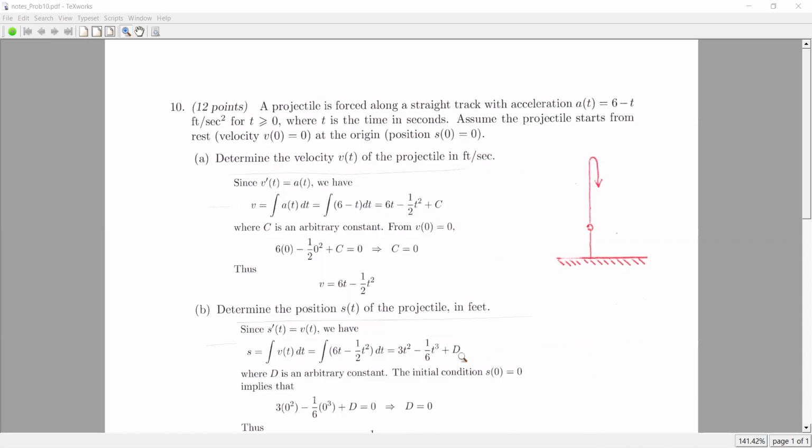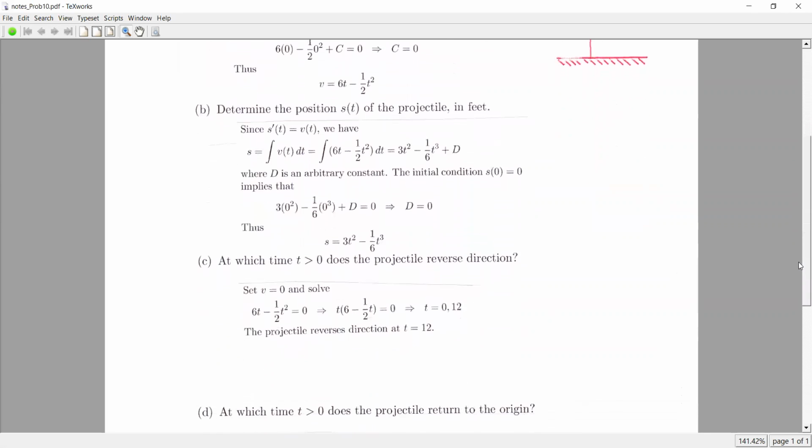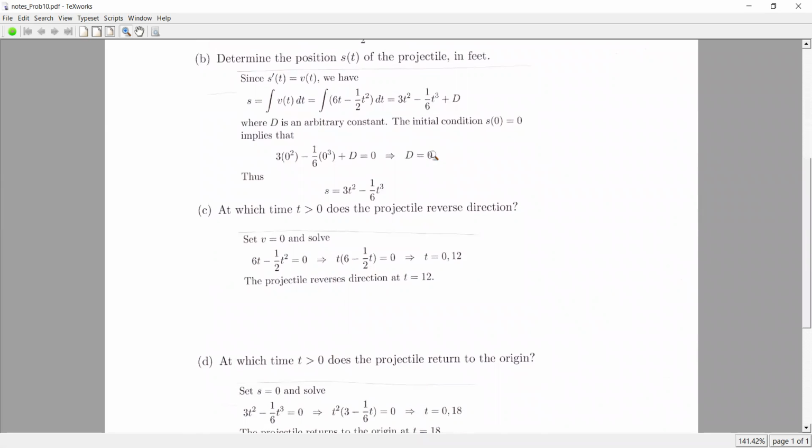This time I use d for the constant because I have used c here. To determine the constant d, I use this initial condition. Initially, when time is 0, position is 0. By this condition, d is 0. Therefore, position function is this.